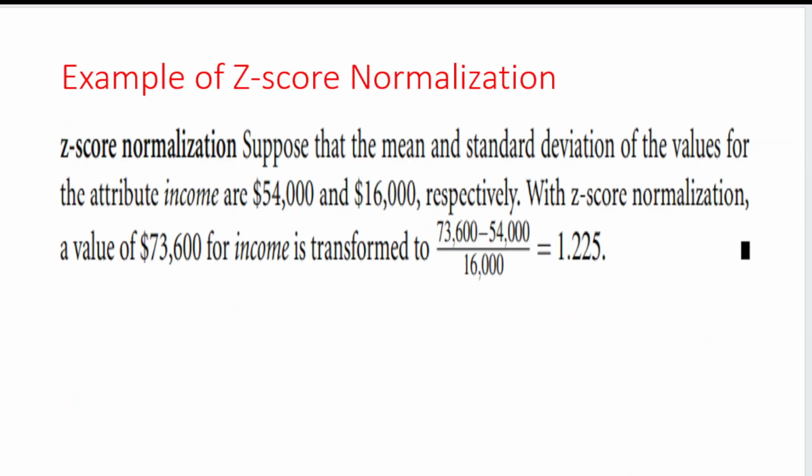And next, we will see the example of the z-score normalization. Suppose I am having the mean value and the standard deviation value, like 54,000 is my mean value and 16,000 is my standard deviation value. So with the z-score normalization, a value of 73,600 for the income is transformed to 73,600 minus 54,000 by 16,000.